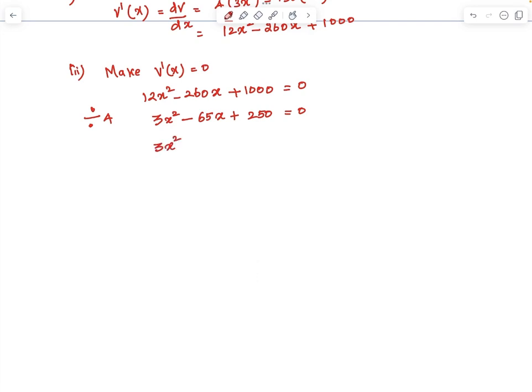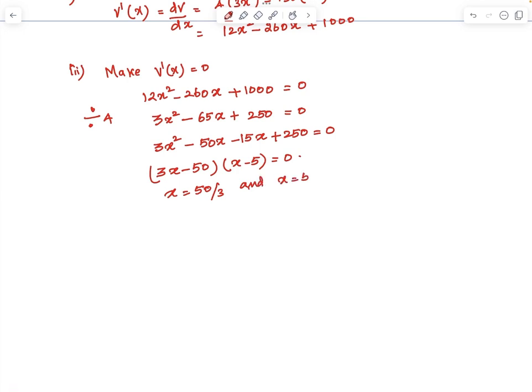This can be factorized using the splitting the middle term. 3x square minus 50x minus 15x plus 250 is equal to 0. So we get 3x minus 50 and x minus 5 as the factors. x is equal to 50 by 3 and x is equal to 5.